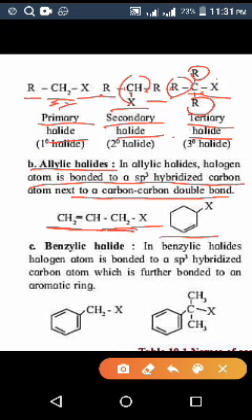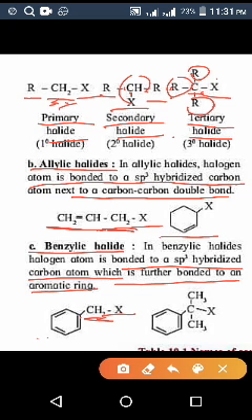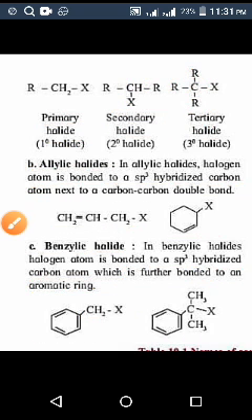See another example, benzylic halide. In benzylic halide, the halogen atom is bonded to an sp3 hybridized carbon atom, which is further bonded to an aromatic ring. See, this halogen is bonded to an sp3 hybridized carbon atom which is further bonded to an aromatic ring. See another example related to it.